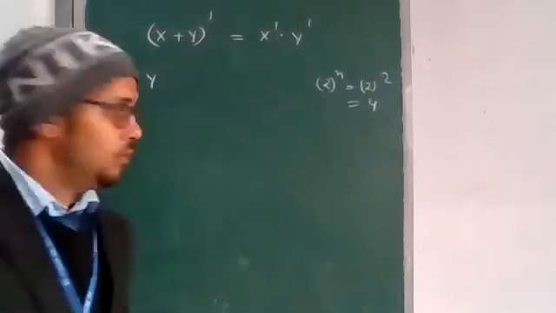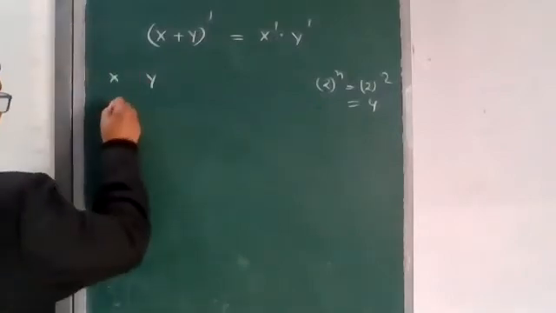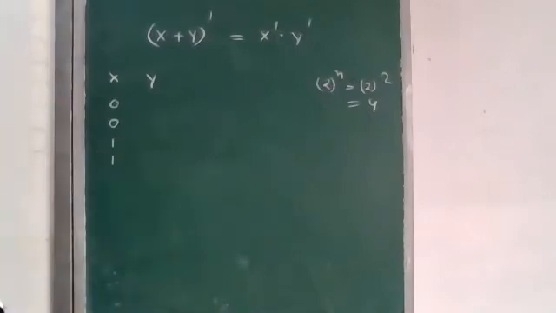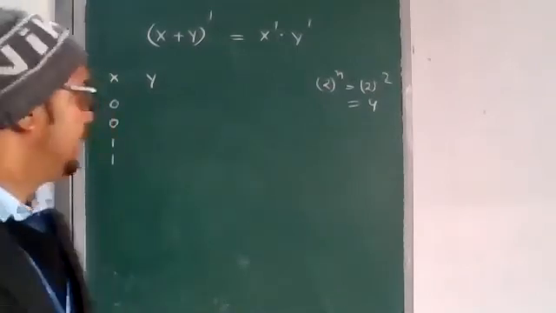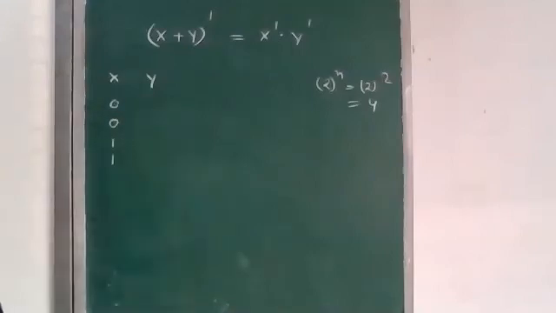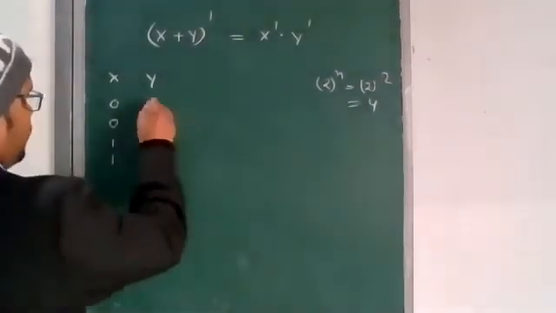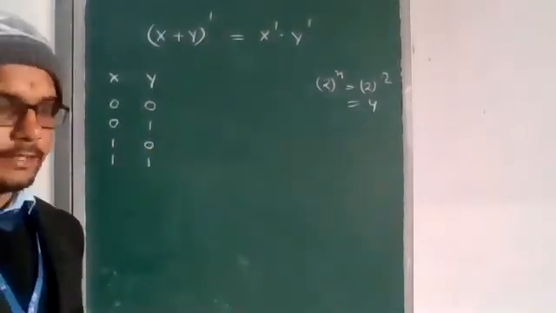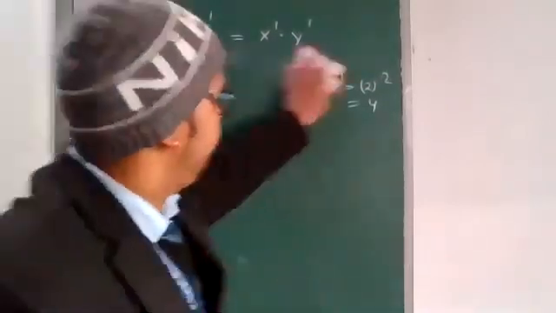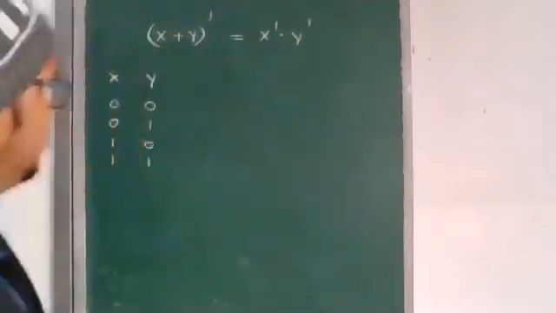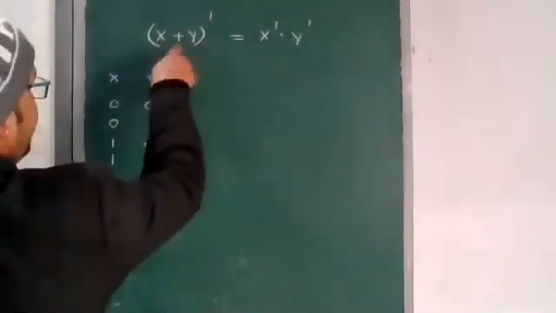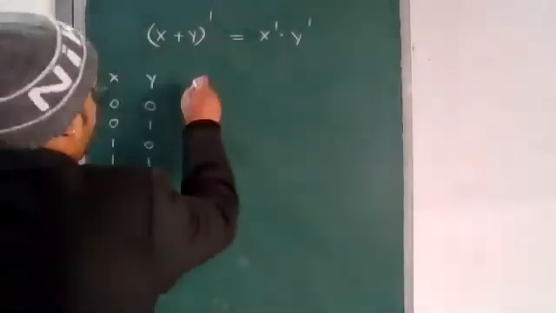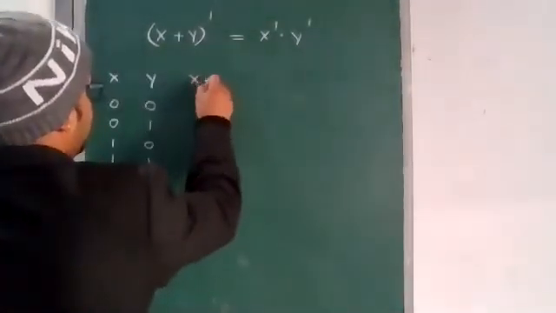4 combinations how? First two values like 0 and 0 and next values are 1 and 1. 0, 0, 1, 1. Then next input like this 0, then 1, 0 and then 1. Then find addition, means perform OR operation x plus y.